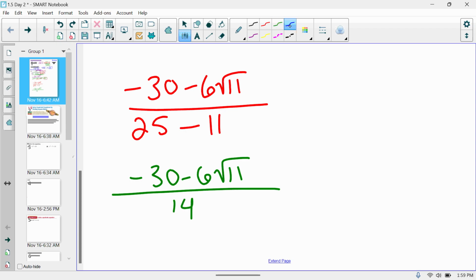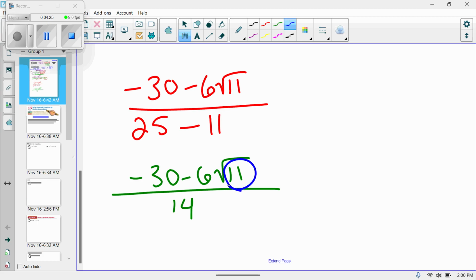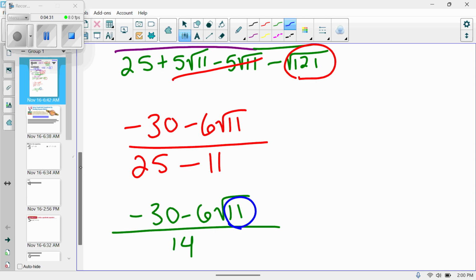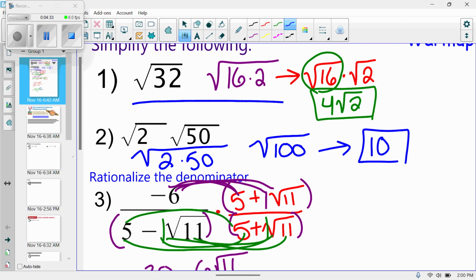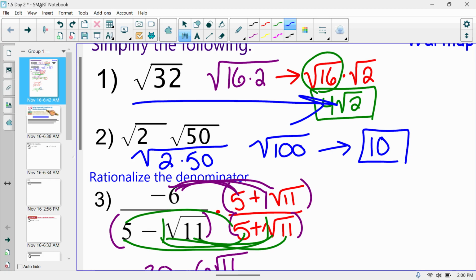So then remember, 2 things you have to check here to know whether this is your final answer or not. One of those things would be to look at this number right here, the radical 11. You would have to check if that can be simplified using the process that we did back on number 1, when we simplified.